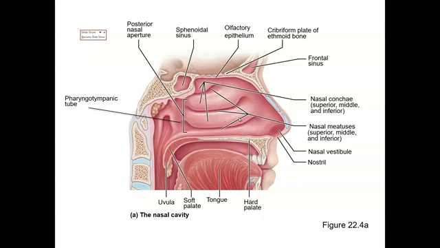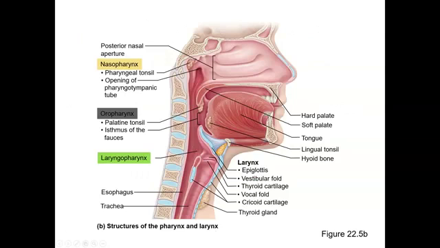So you don't need to know the name of the individual structures, just keep that one in mind, pharyngotympanic tube and the uvula, because that's what gets used quite a bit. This here now is the pharynx, so it has 3 parts, and that's basically the area where our nasal area and the oral area combine, and we have 2 structures traveling alongside each other, our esophagus for the food and the trachea for the air.